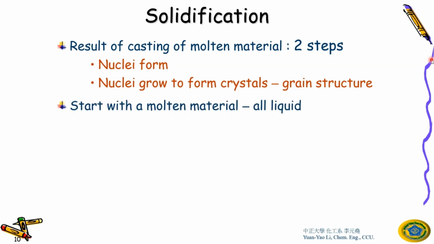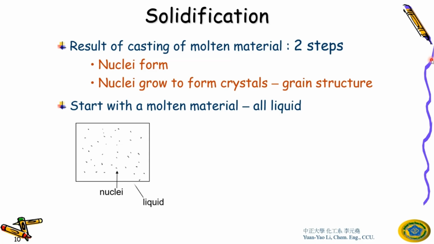Okay, so normally polycrystalline can be formed like this. Start with the molten material, for all the liquids, like metal, for example, gold, silver. You melt it and start to make it become solid. So you will get a polycrystal. Start from this, nuclei first, and we have liquid.